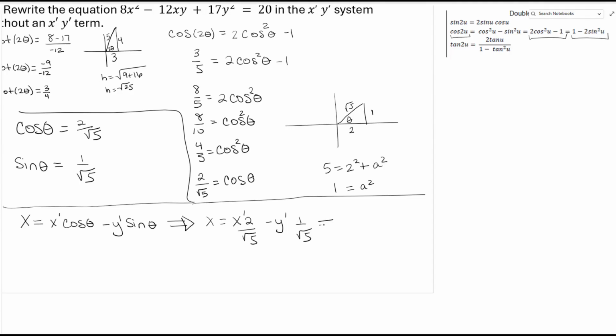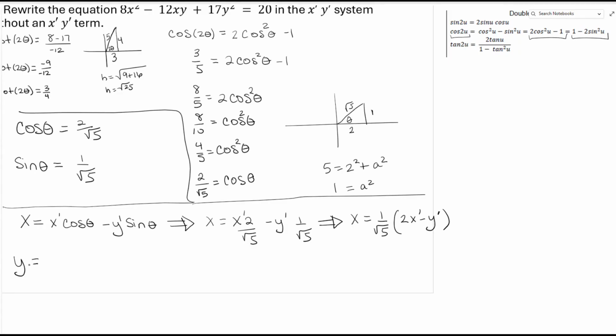I think I'm going to do this one more time and factor out 1 over root 5, because then I'll have 2x prime minus y prime for x times 1 over root 5. Don't get me wrong there.